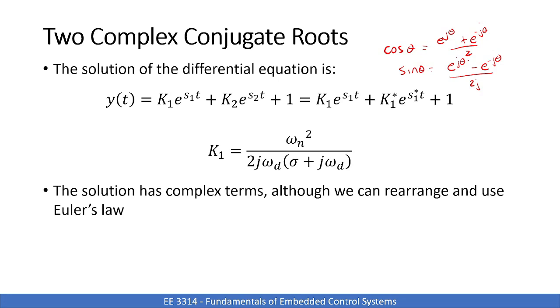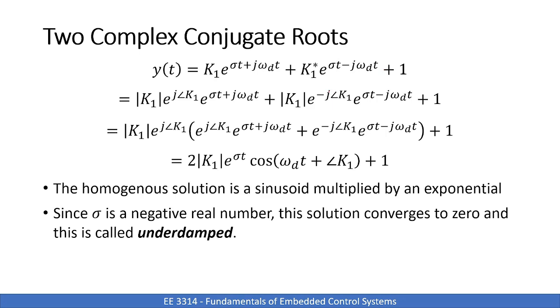Okay, so applying Euler's law, you can see here we have e to the s1t, where S1 is going to be a complex number, so think of that as maybe our theta, and then e to the minus j theta, if you will. So that's going to be equal to some function of cosine of that complex number. So we can do some rearranging, and it gets kind of ugly here. We're talking about magnitude and phase a little bit.